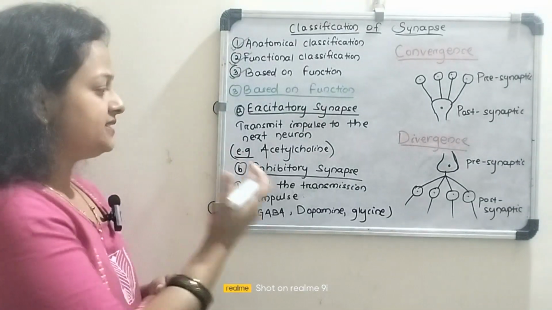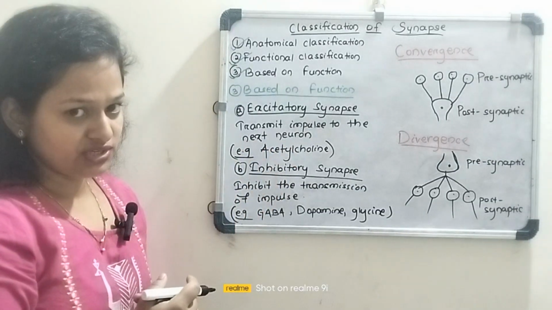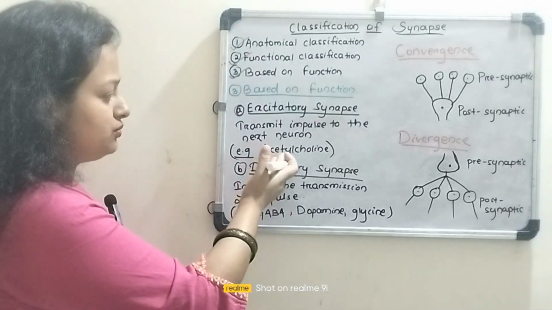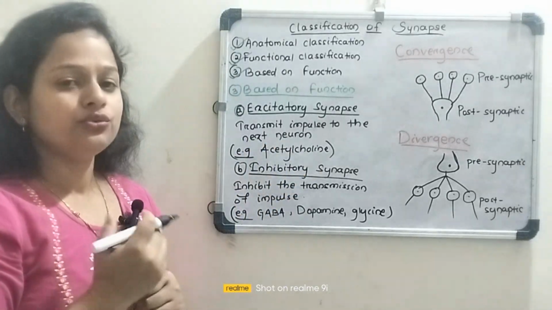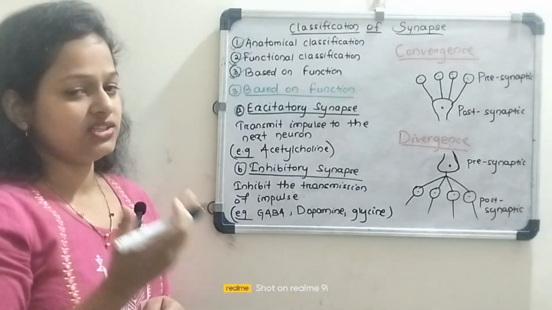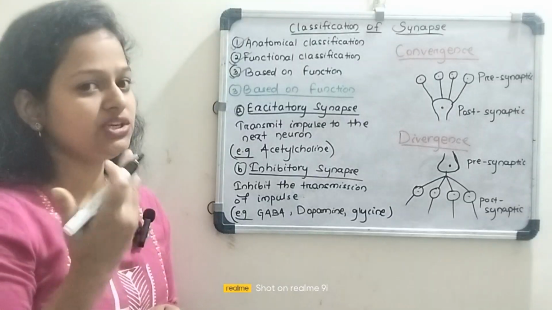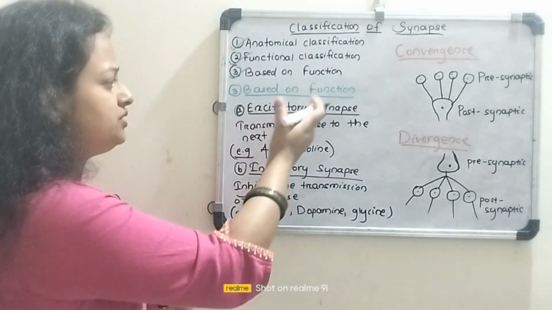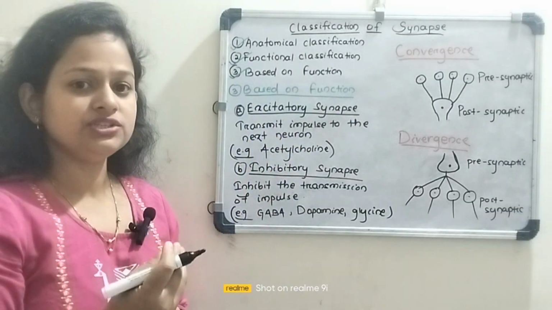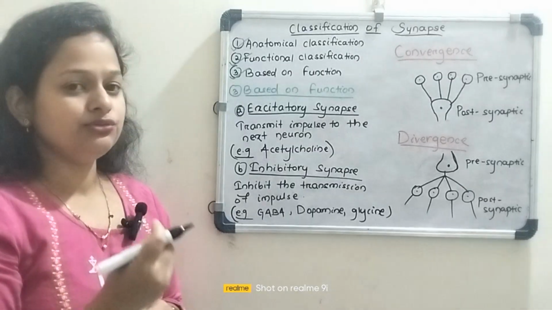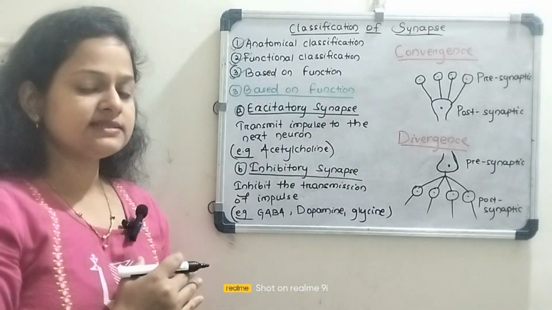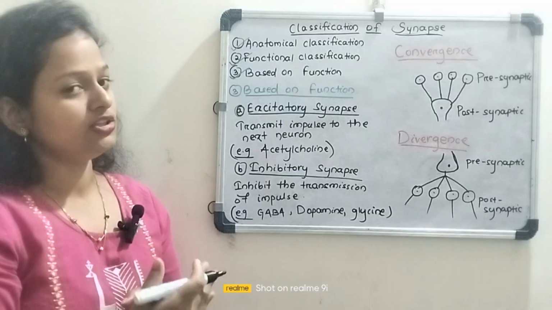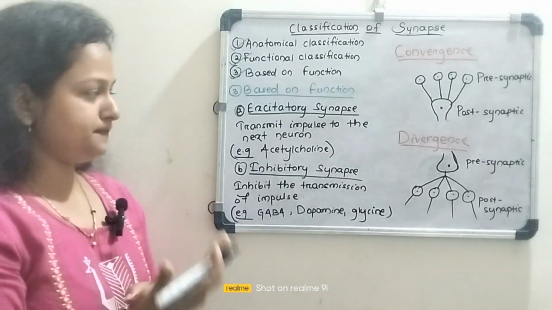It means it secretes a type of neurotransmitter, for example acetylcholine, which triggers the excitation in the postsynaptic neuron. So, in excitatory synapse, the neurotransmitter released is excitatory type, meaning it triggers the excitation in the postsynaptic neuron.